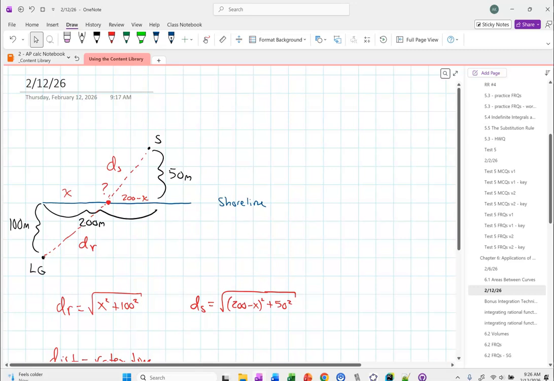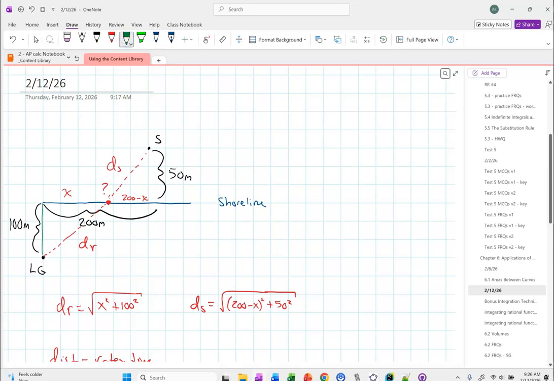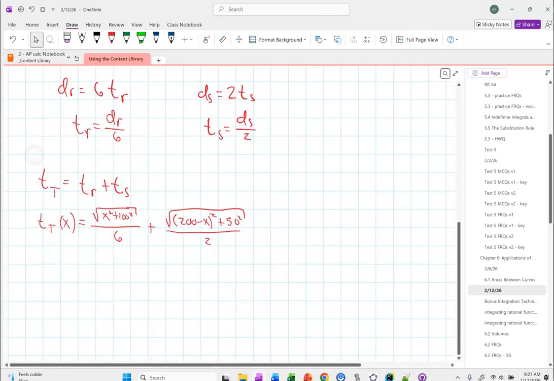If x equals 0, it would mean I take that path, right? What's the biggest value for x? 200, where I take that path. Are those both valid paths? Yeah. Okay, so should this interval be open or closed? Closed. Everybody good? Okay.